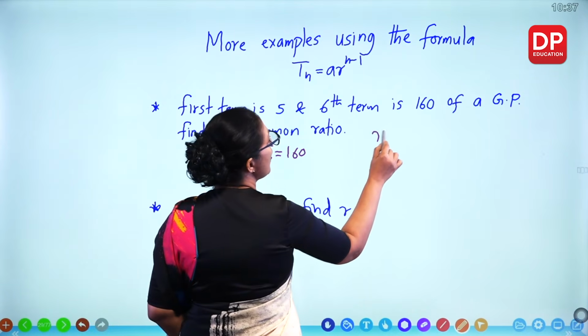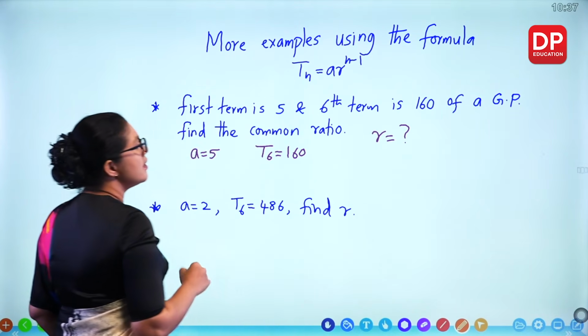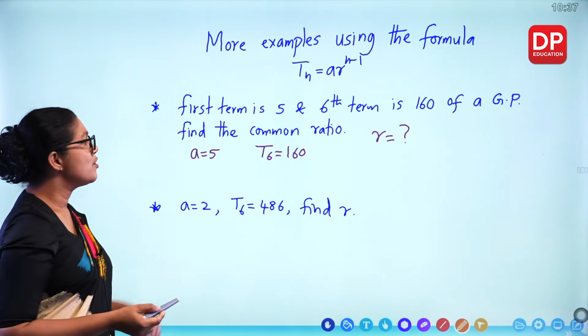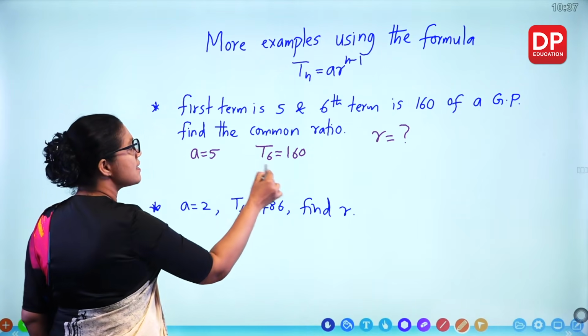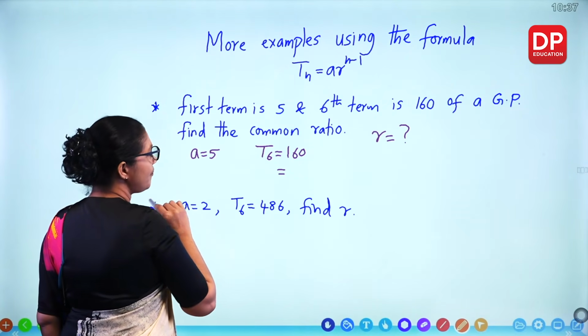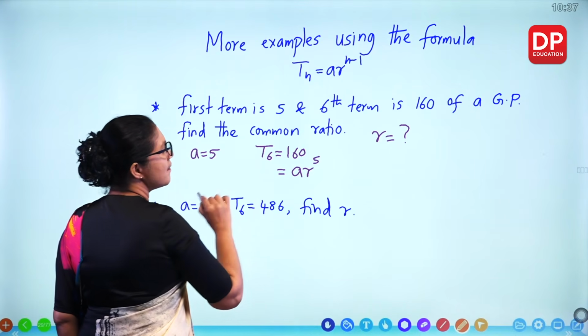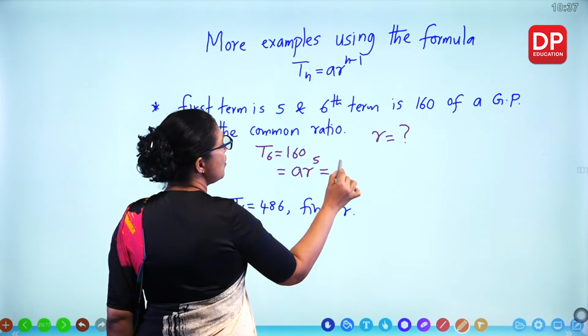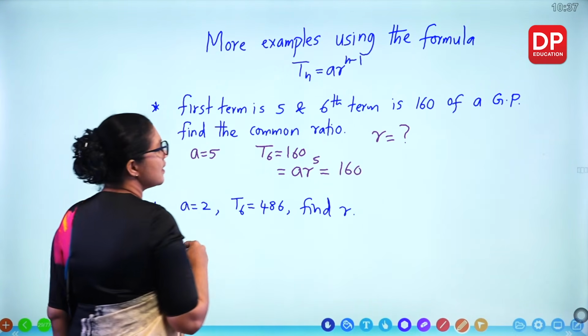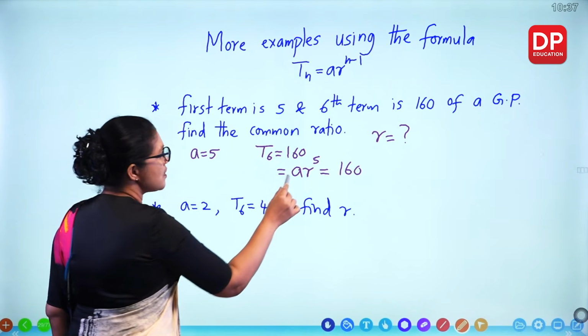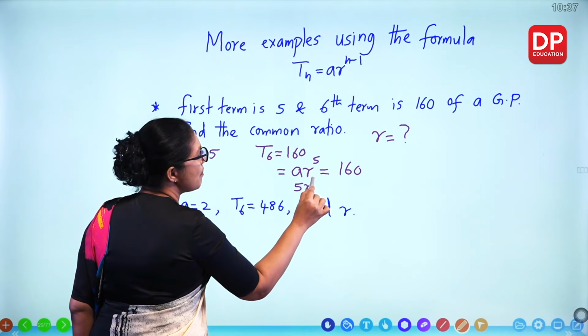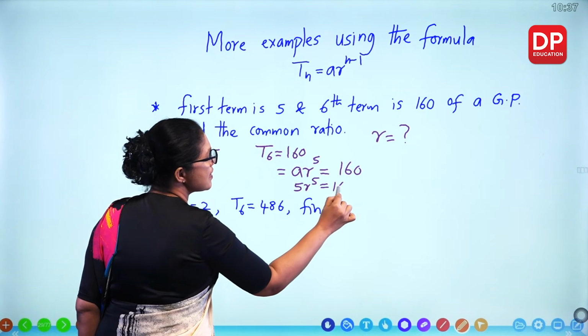So we need to find R, but we can still use the formula. What is T6? T6 is AR to the power 5. That's equal to 160. What's A? Now substitute: 5 R to the power 5 is 160.